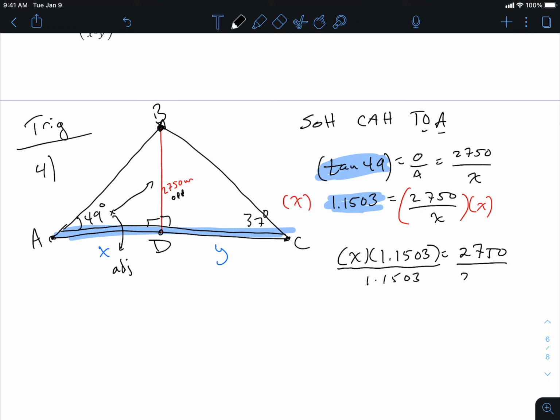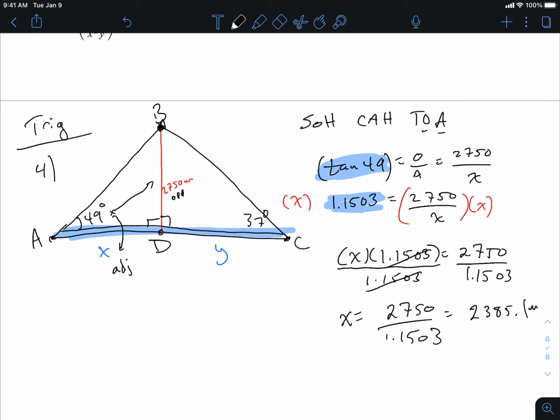You have x by itself. These cancel. x is equal to, what's x equal to? 2,700 meters.